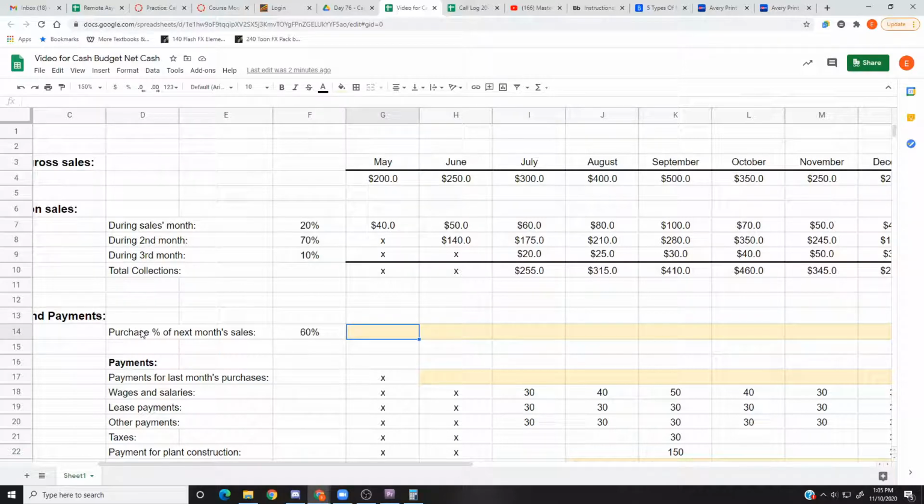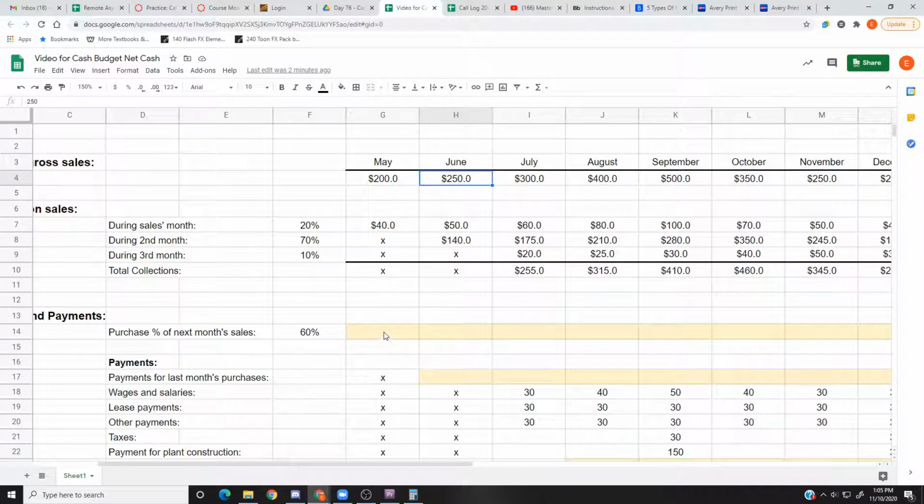Okay, first things first. Purchase percent of next month's sales. So what this means is that if I know that I'm going to make $250 in June, let's say, I need to go ahead and buy the materials to make the stuff, to sell the stuff, to make $250. I can't make $250 if I don't buy the inventory before that, right? I have to know how much I think I'm going to sell, buy that much, make them, and then sell them. So I've got to purchase it, okay?